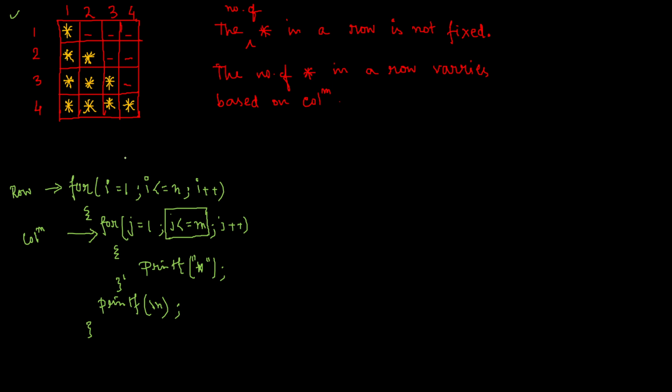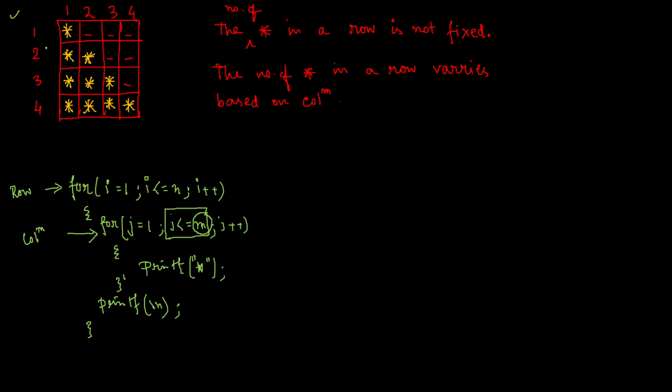And this is based on basically the maximum value m present over here. If you consider m equal to 10, it will run 10 times. If you consider m equal to 5, it will run 5 times. But you cannot write exactly m equal to 5 or 10 because this m varies, depends on the row number. For example, when i equal to 1, this m should be equal to 1 because only one star you have to print.